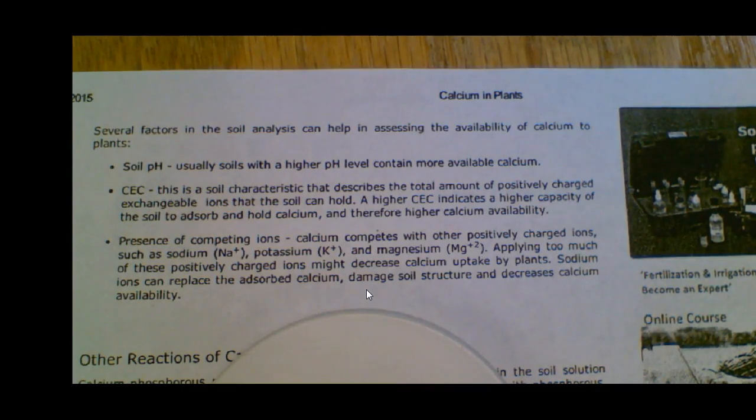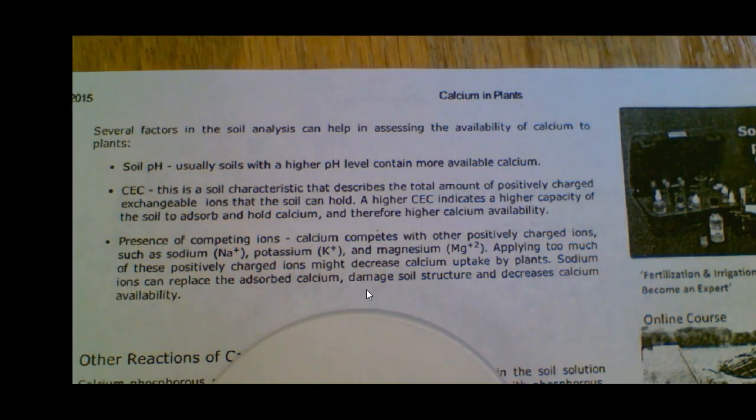The cation exchange capacity is a soil characteristic that describes the total amount of positively charged exchangeable ions that the soil can hold. So if I have a higher cation exchange capacity, it would indicate a high capacity of the soil to adsorb and hold calcium, and therefore higher calcium availability. If it can hold it, it can exchange it.